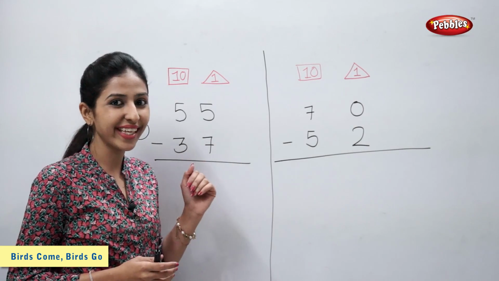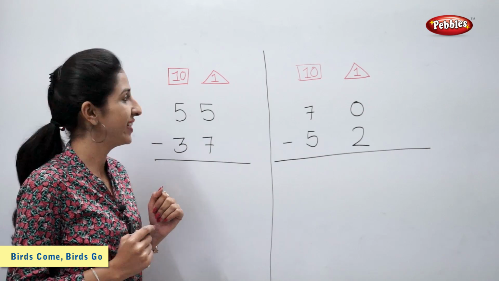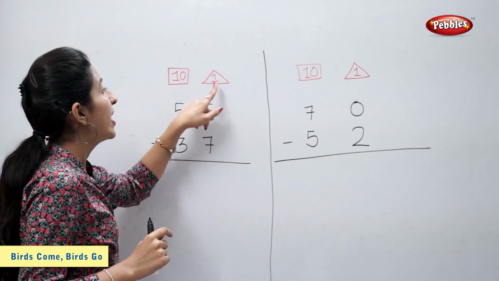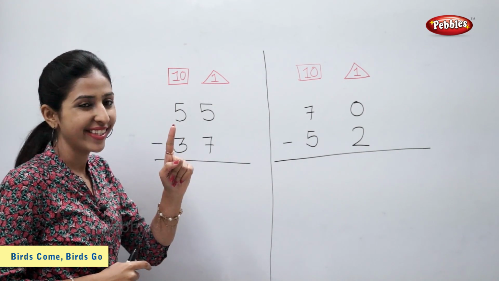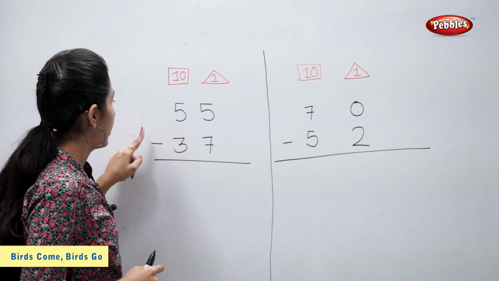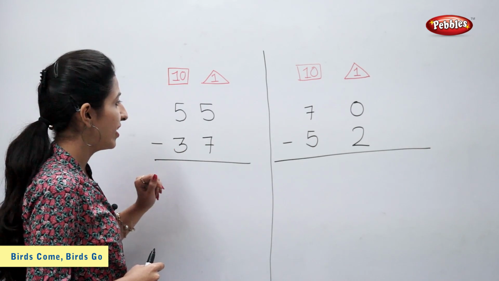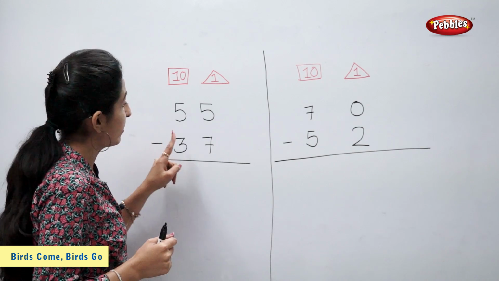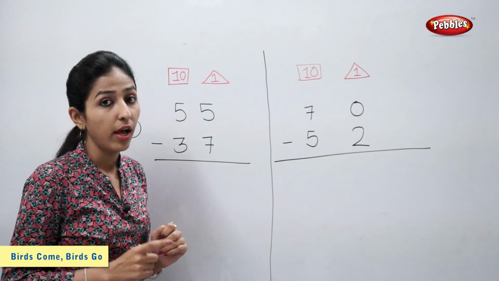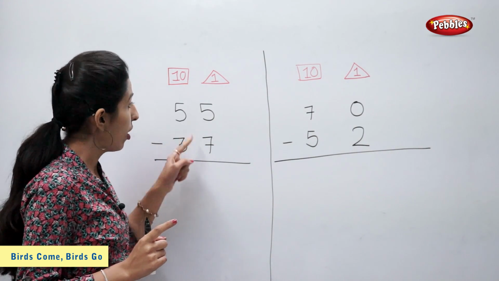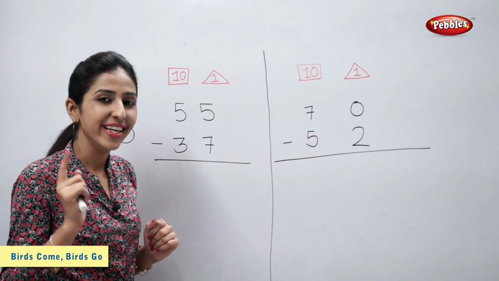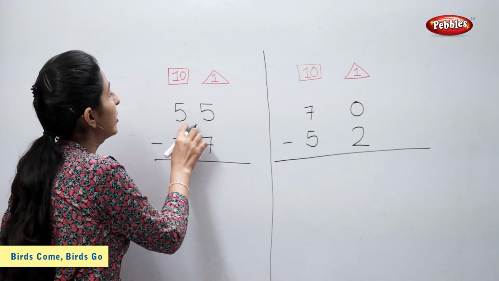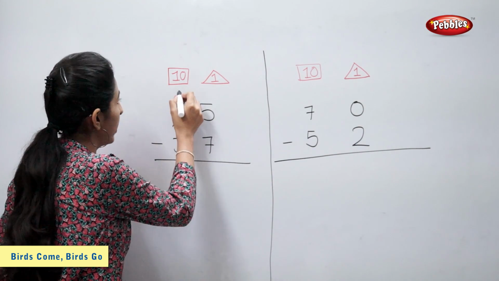Let us solve these examples. Remember students, a square represents tens, a triangle represents ones. 55 minus 37. Let us find out. 5 minus 7. Students, we cannot subtract 7 from 5. So, let us borrow 1 tens from tens. This 5 becomes 4.